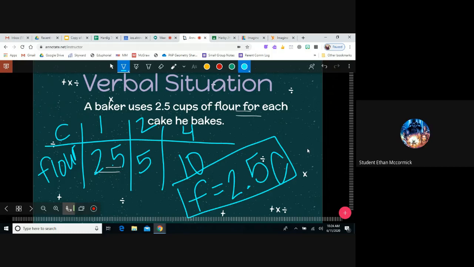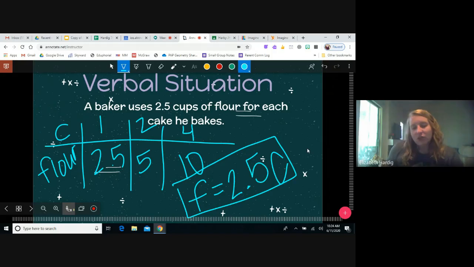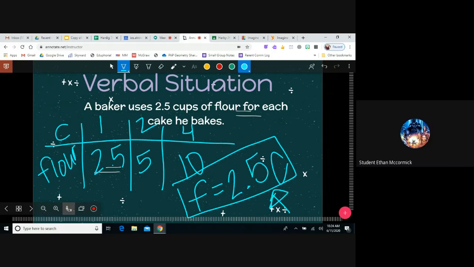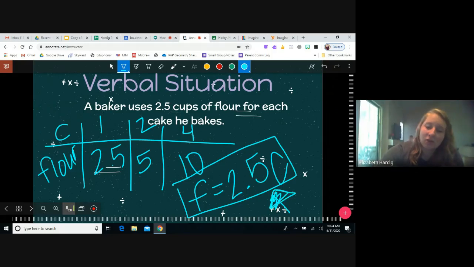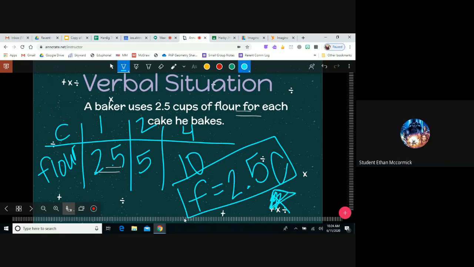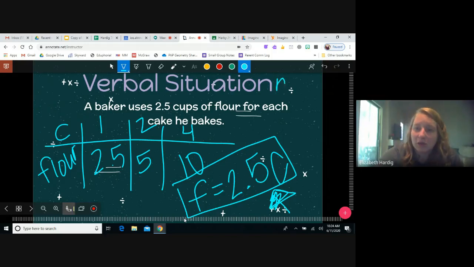I was adding the 2.5 to double it, but repeated addition is still multiplication, and look at the rule right here. Is this addition or multiplication? Multiplication.